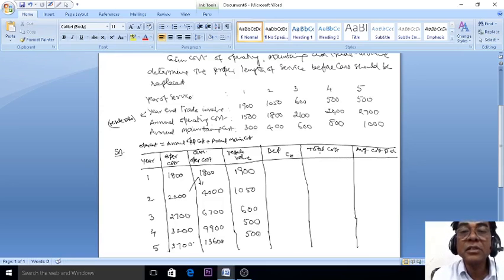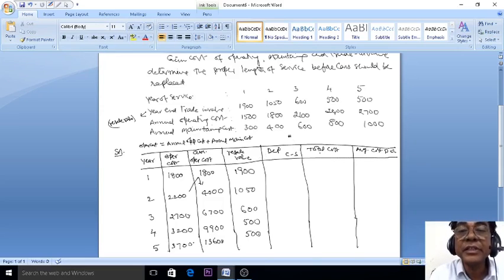Depreciation means cost minus scrap. The cost of the material is given, the initial cost is 3500.